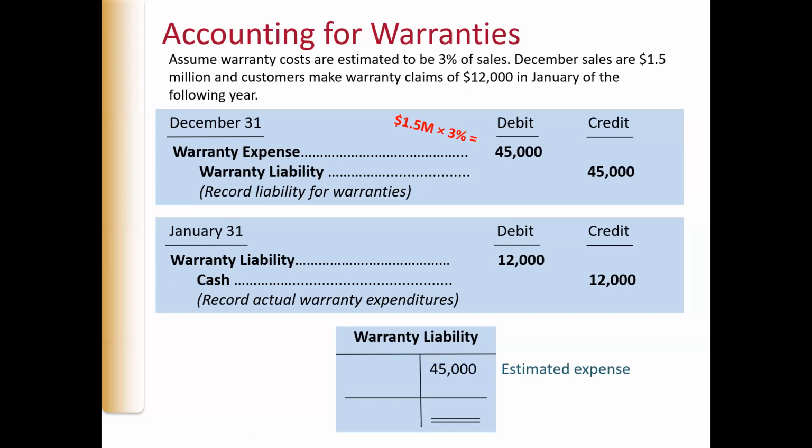Okay, now what's left in the warranty liability account after those payments in January would be 33,000. We started with 45,000. We used up 12 of it, and we have 33,000 left over. Okay.